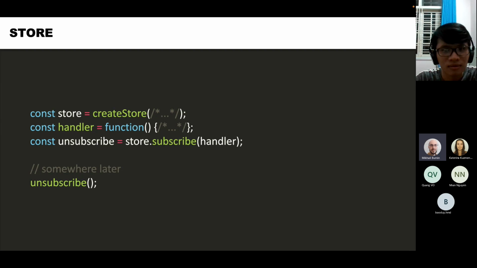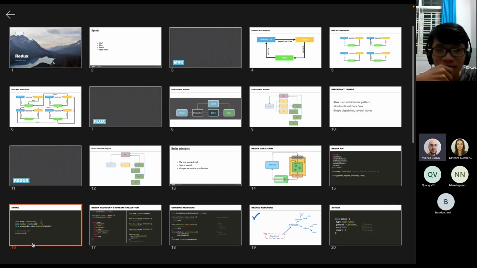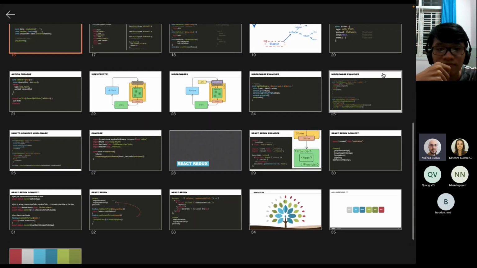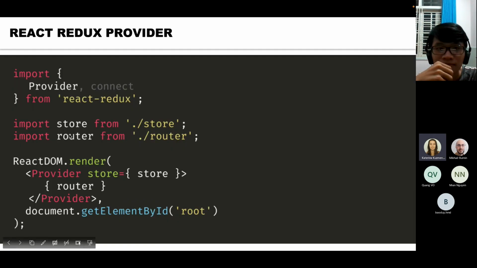I may say that if we use pure Redux, we do such things. But for example, when we implement it in a React project, we use the React Redux library, and it exports functions, for example hooks, such as useSelector, which do it automatically. Yeah, we will talk about React Redux a bit later.